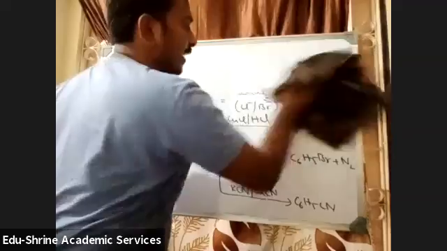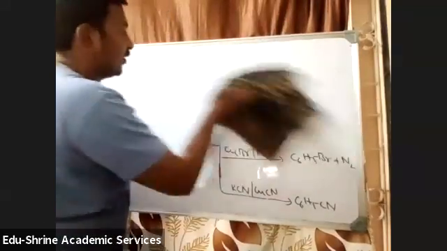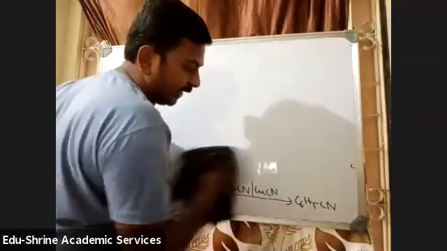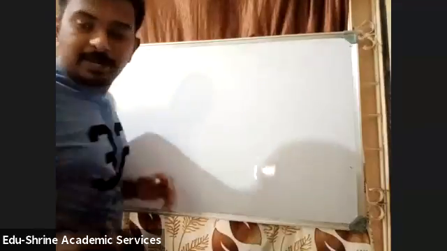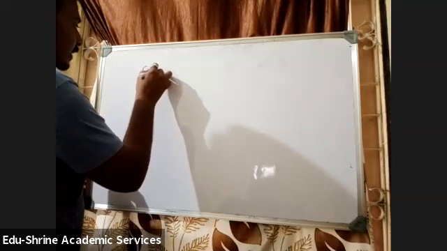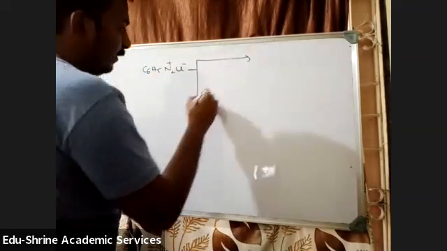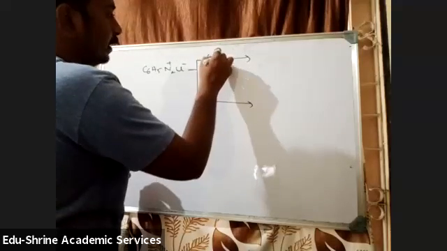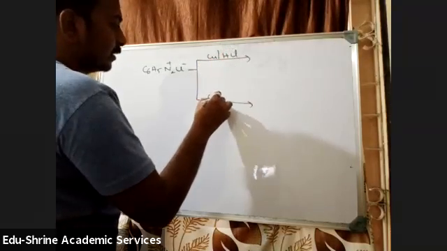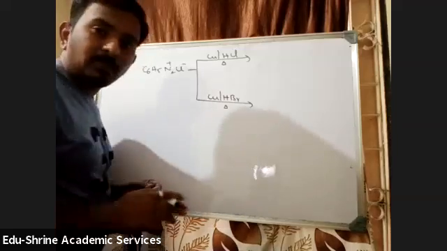In the same replacement by halide, we have one more reaction called the Gattermann reaction. By changing the catalyst, instead of copper halide, we'll be taking copper powder. C6H5N2+ Cl-, with copper in the presence of HCl, or copper in the presence of HBr, heating. So what happens here?